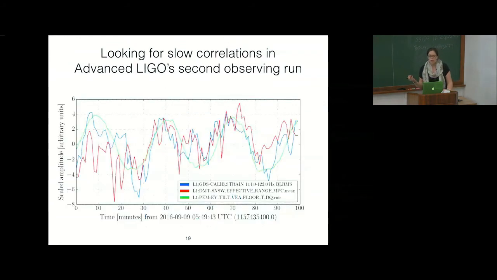So once we've identified interesting channels, what we can do is plot the band-limited root mean square of whatever range we're interested in. That's also a good way of diagnosing: does this particular band of frequency, is that what's responsible for this variation in the range that we're seeing?